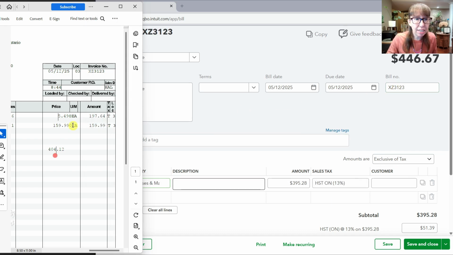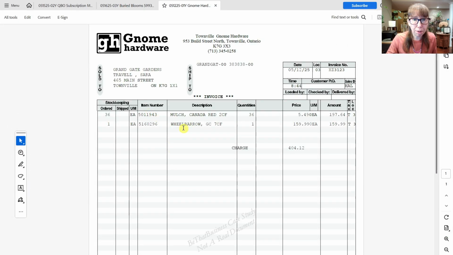And we can see that she purchased a wheelbarrow as well as mulch. So we're going to put this on 2 different lines. Again, the wheelbarrow, some people may feel like it should go to equipment, maybe on the balance sheet in the asset account, but it's below 500. So we're going to put this in as an expense on the profit and loss.